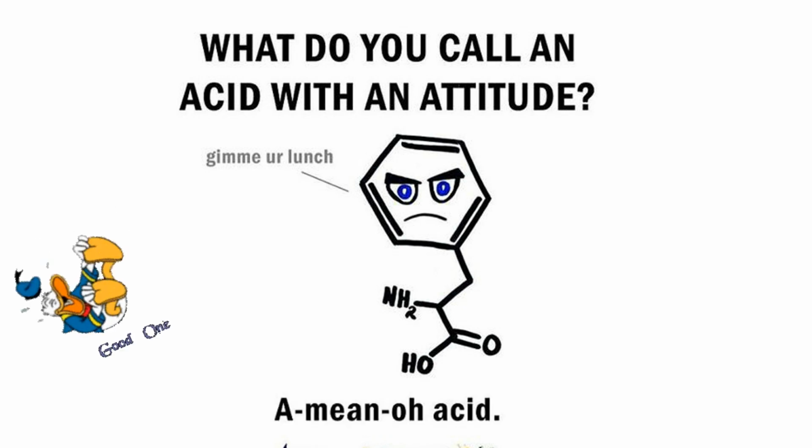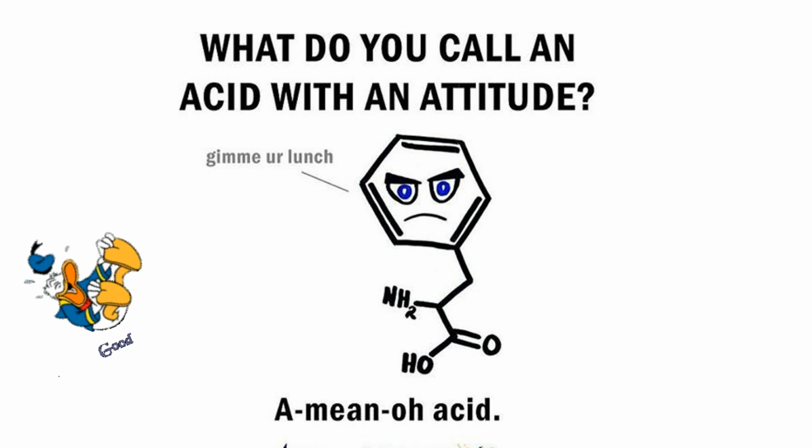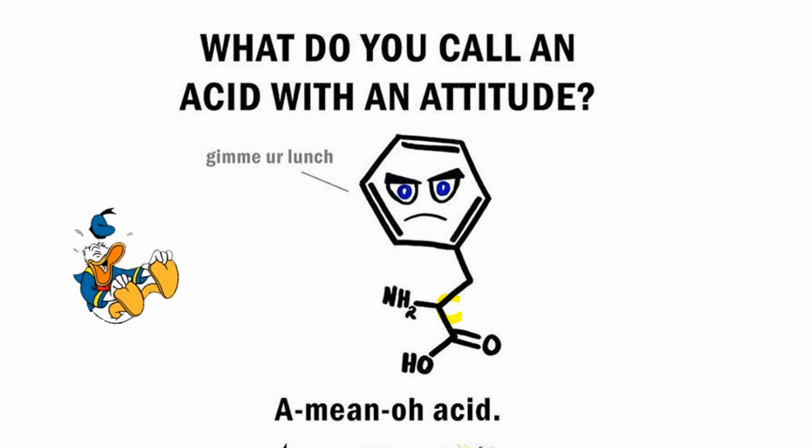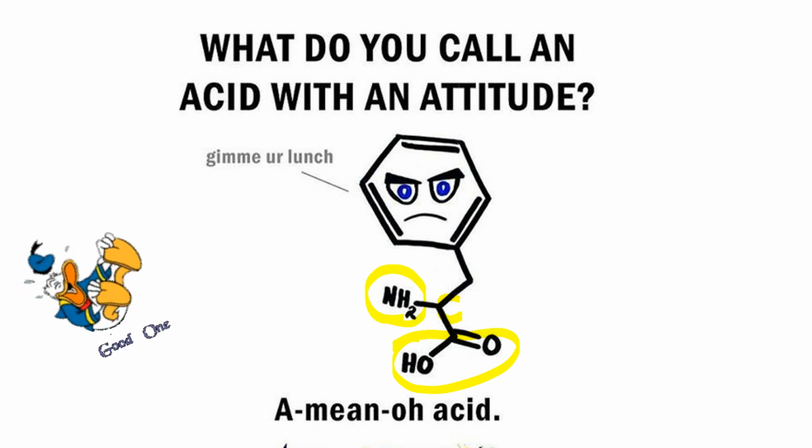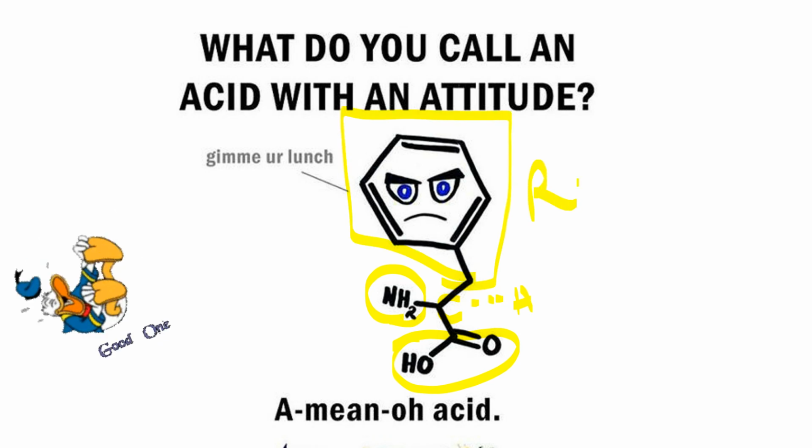What you have here is that carbon right there, that alpha carbon with all the different things coming off of it. You've got the amino group, you've got the carboxylic acid, and then the invisible hydrogen that you can't see. And then this right here is that R group.